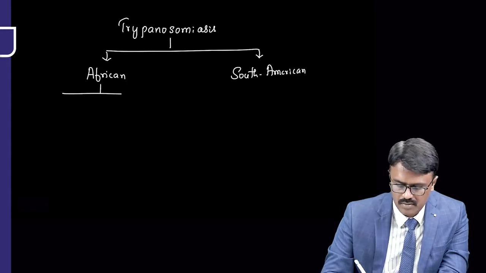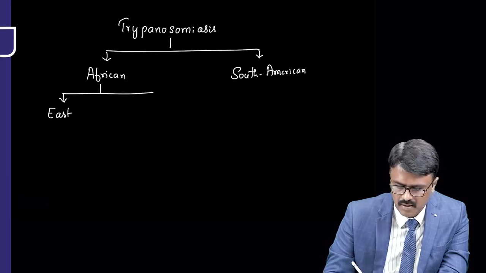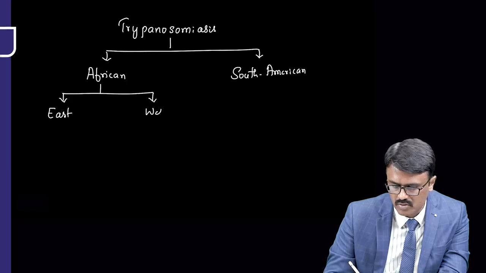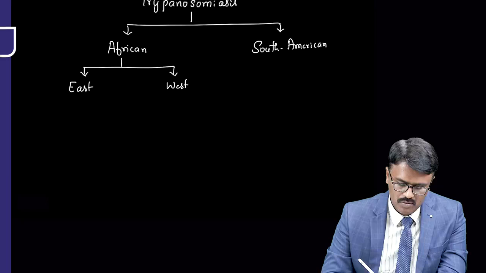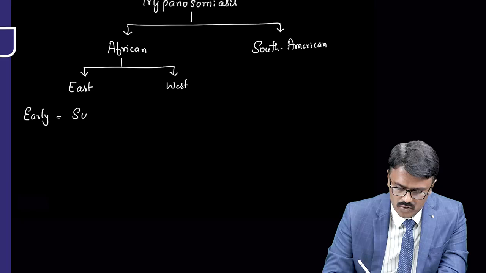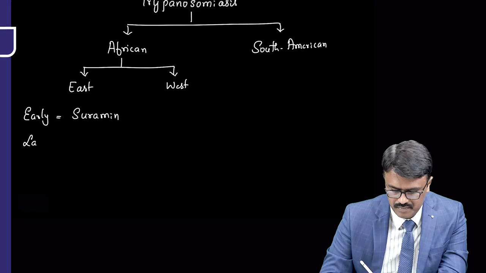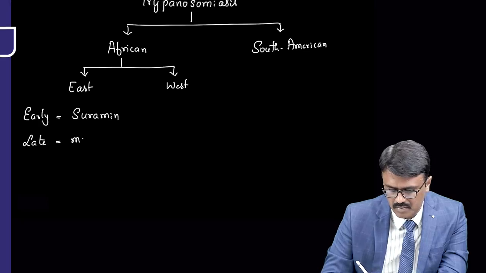In African, we have the East African and the West African trypanosomiasis. For early stage, we use a drug by the name suramin, and for late stage, we use melarsoprol.